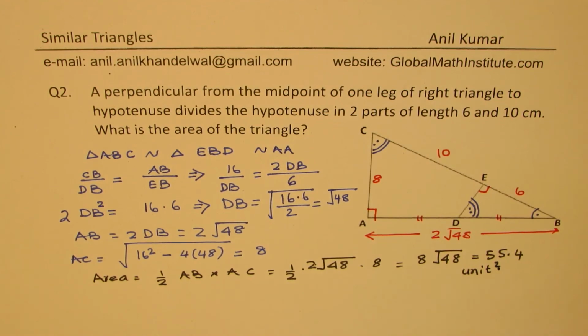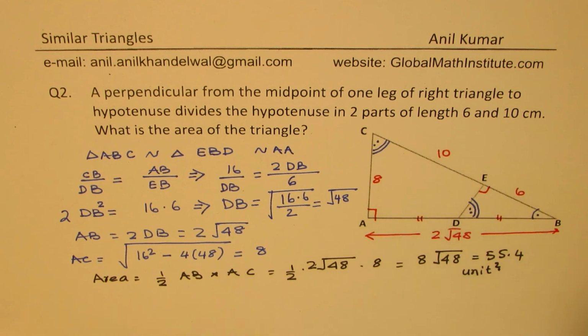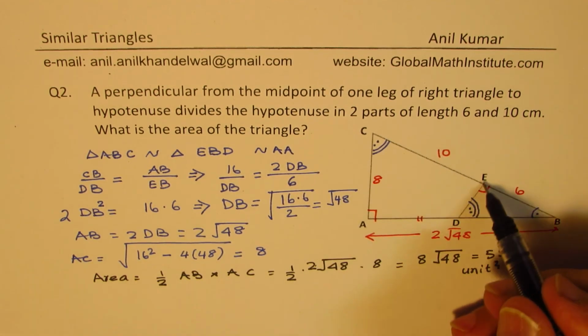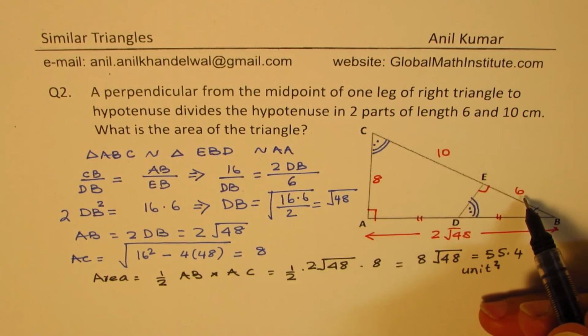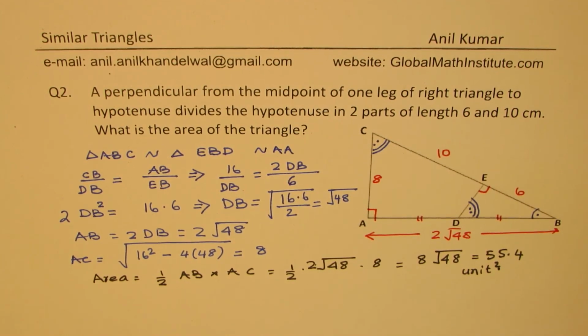Now in this particular question, what I observed was that if you do the shortcut method, then DE works out to be half of 10 plus 6, right? Half of that. And that could also help you to get a quick solution to this particular question very accurately.